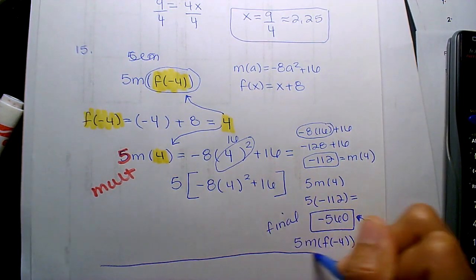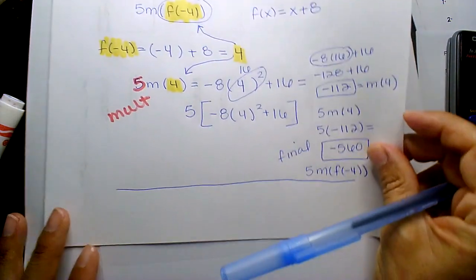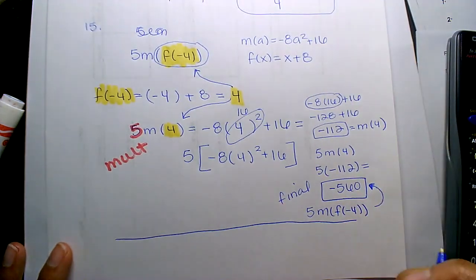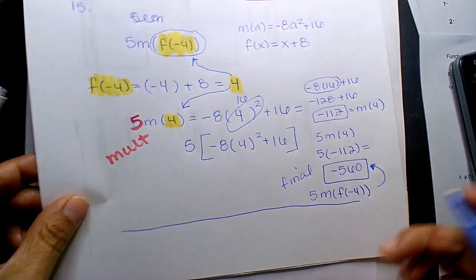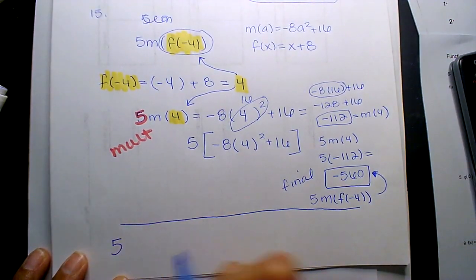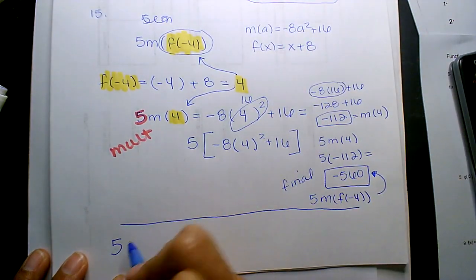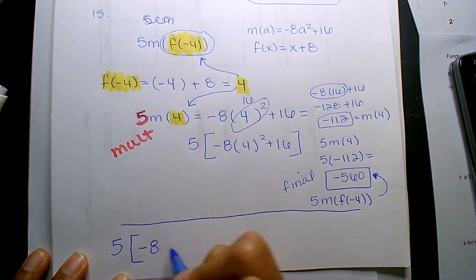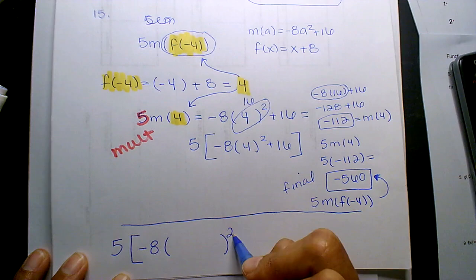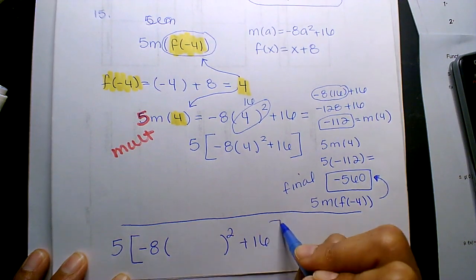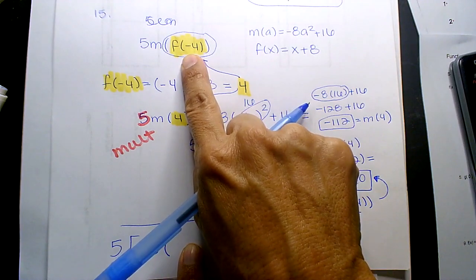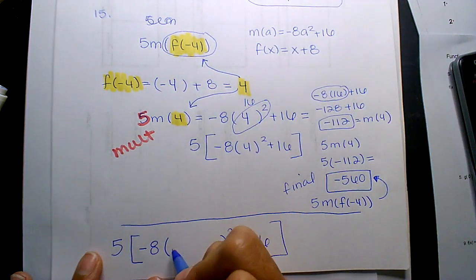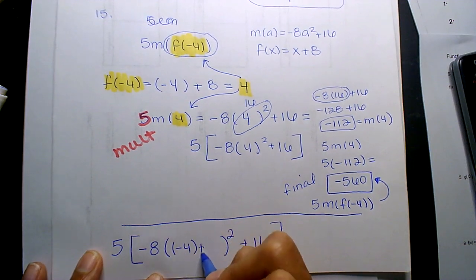If, because the video's still going. Okay, look, if you wanted to do it in one shot, where are my functions? Oh, here they are. Okay, then you would have gotten 5 times the m function, -8a squared plus 16, but I was going to substitute -4 in the linear function, so -4 plus 8.